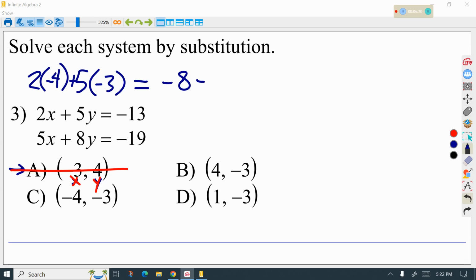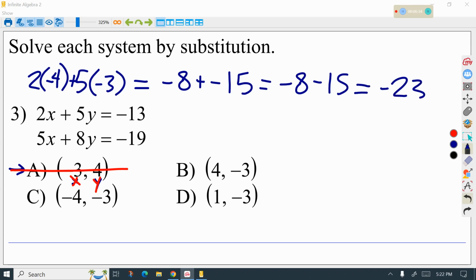So this makes negative 8 plus negative 15. I'll go ahead and write both signs there. We might as well. Well, that's the same thing as negative 8 minus 15. And that means that this is going to be minus 23. And that's definitely not equal to what we needed over here, that was minus 13. So that means C cannot be the answer either.